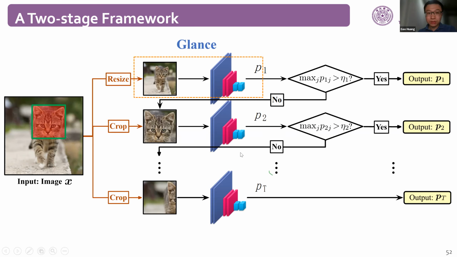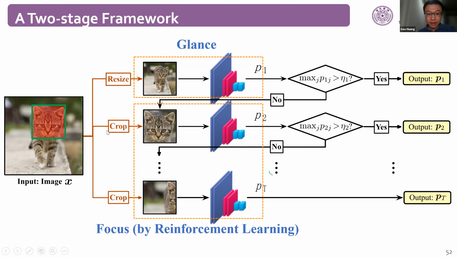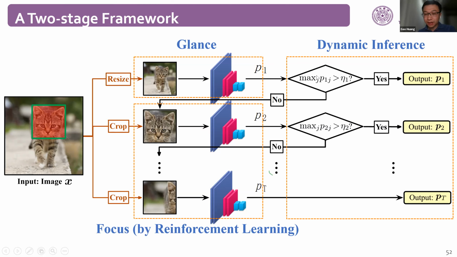So as an overview, the first stage is called a glance, which extracts the global feature in a very fast manner. Then in the second stage, we will focus on different regions, and we will apply the early exit trick here to perform dynamic inference.